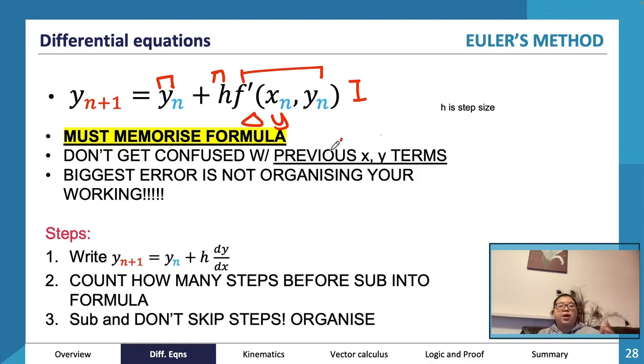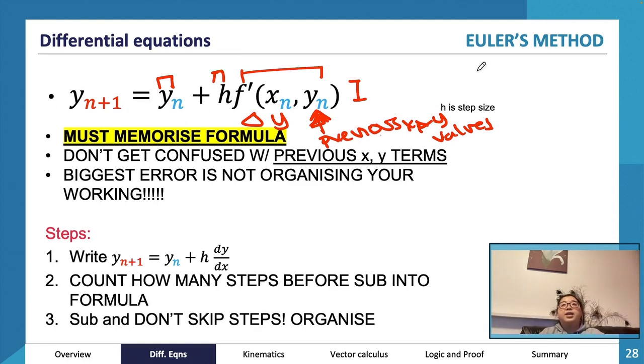That's 2 steps, right? So you need to count how many steps you need first. And another thing that can be really easy to mess up is that this one is going to be the previous y and x values rather than the y and x values of the current one.